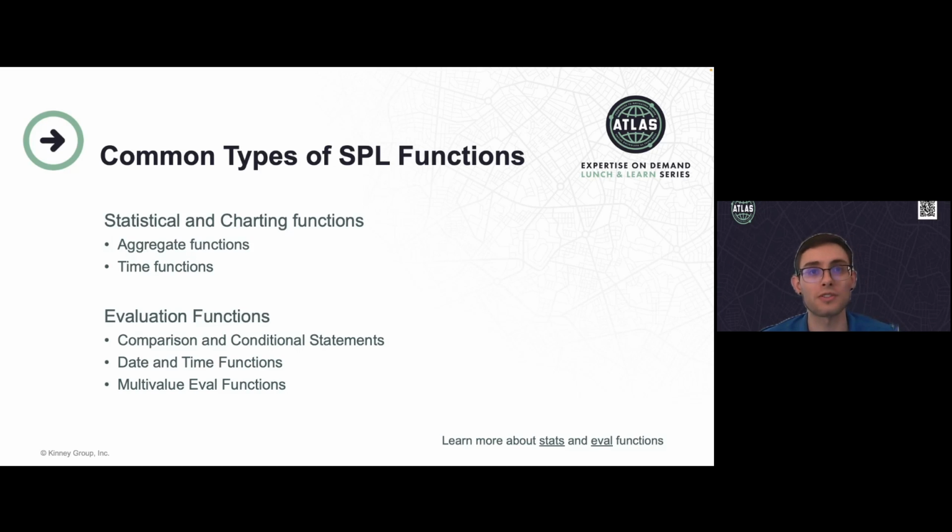Aggregate functions are your commonly used statistical functions meant for summarization. And then time functions actually use the timestamp field, underscore time, or any other time that you've extracted from data, and look at earliest, latest, relative time values in a summative fashion.